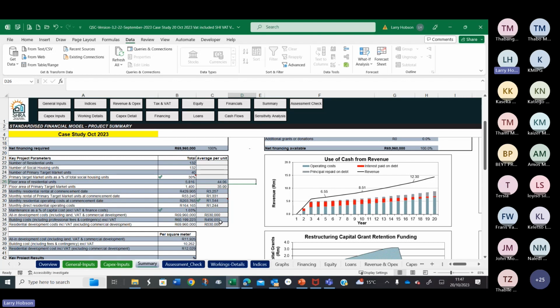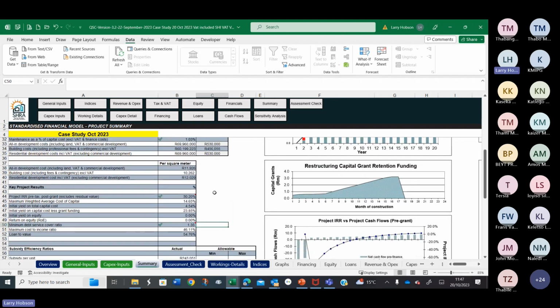With the VAT registration, I worked out that we should be able to build for 587,000. So there's more that we can put into the building so that the net cost then reduces to the 526. So as long as your net building cost is at subsidy plus 100,000, you should be okay.